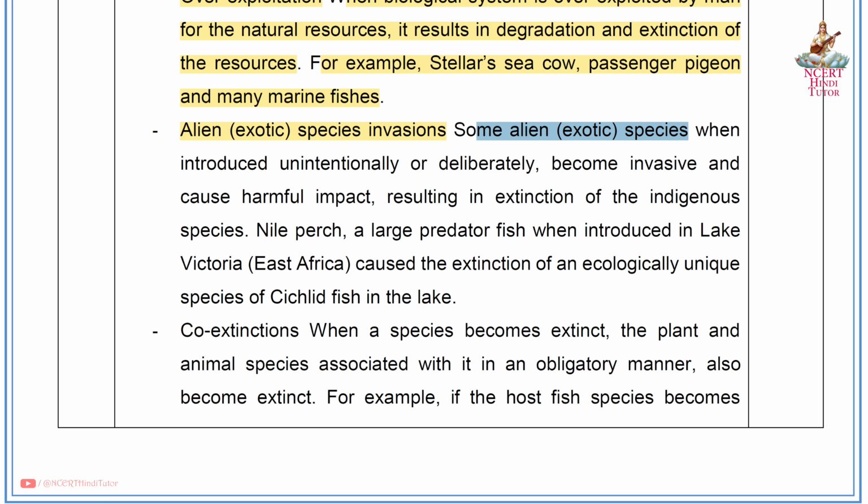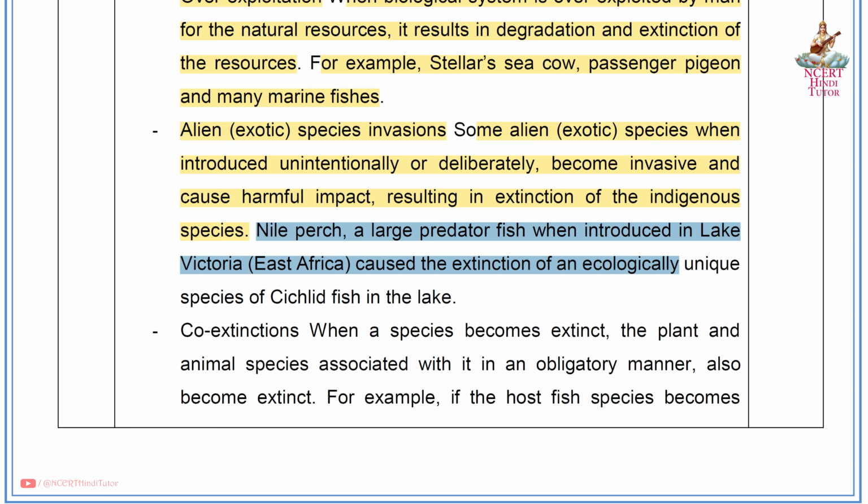Some alien exotic species, when introduced unintentionally or deliberately, become invasive and cause harmful impact, resulting in extinction of the indigenous species. Nile perch, a large predator fish, when introduced in Lake Victoria, East Africa, caused the extinction of an ecologically unique species of cichlid fish in the lake.